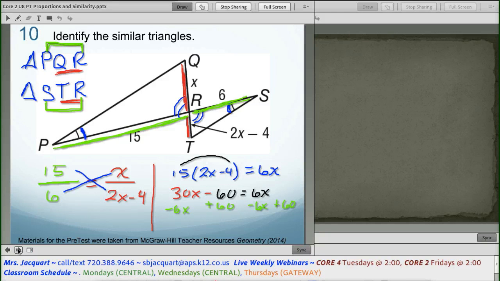So we get 24x equals 60. Divide by 24. So 60 divided by 24 is 2.5.